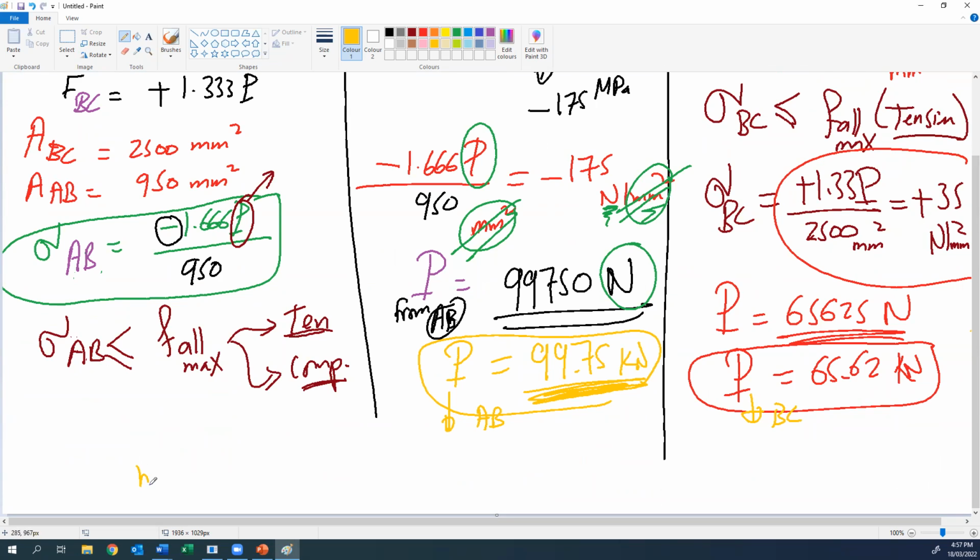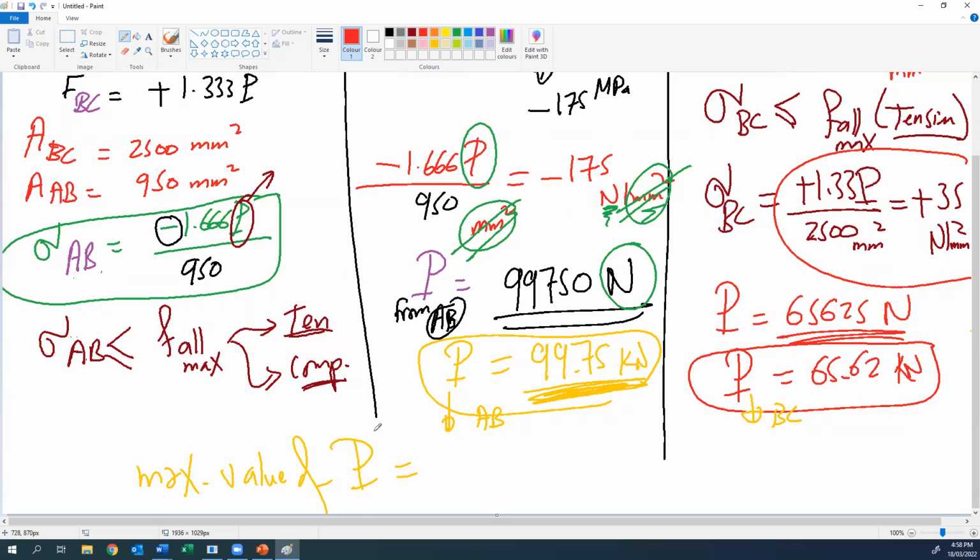So what is the maximum value of B for this example? Which one to pick here? The smallest or the largest? The smallest.